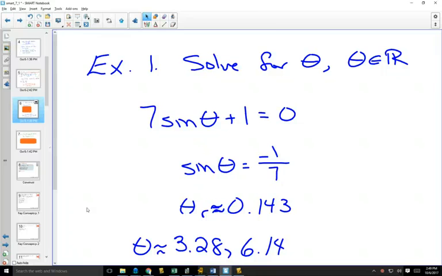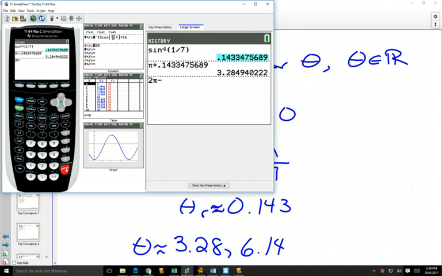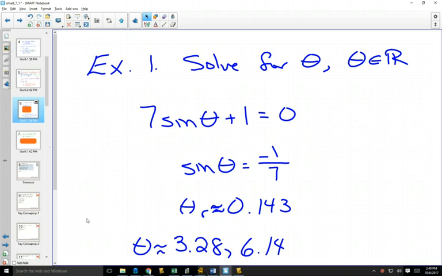To figure it out in quadrant 3, I'll go pi plus my reference angle. To figure it out in quadrant 4, I'll go 2 pi minus that reference angle. And those will be our answers between 0 and 2 pi.